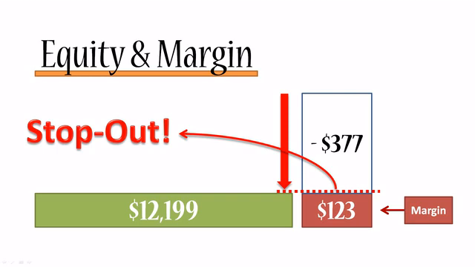The broker will force you out of your position. Basically, as soon as you don't have enough money on your account, the broker will close the position automatically and take the money that you borrowed from them back, and you will be left with just the margin on your account. So kind of the margin in this case is the safety net.